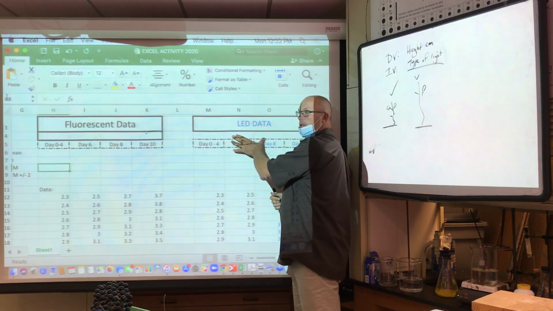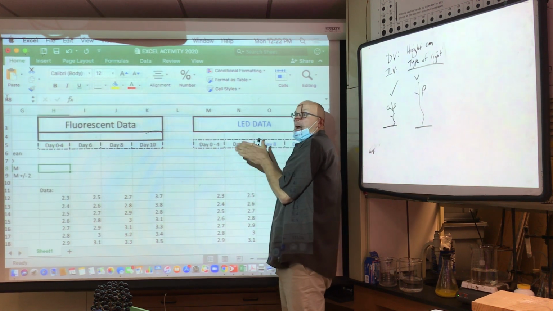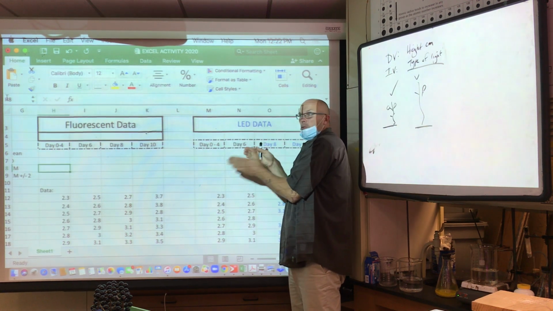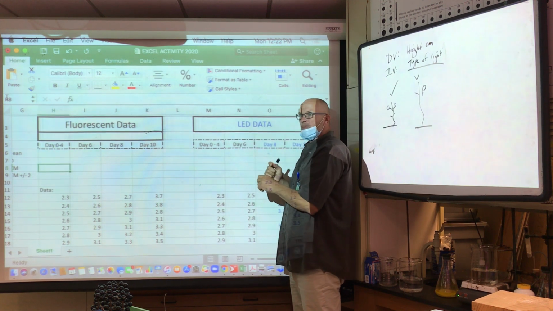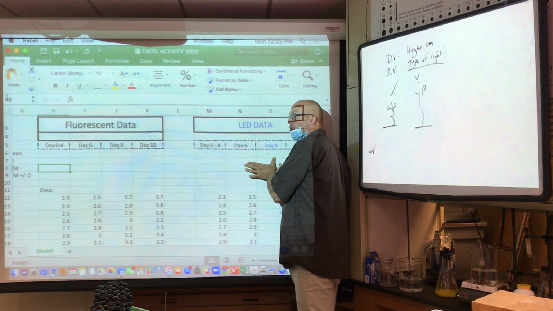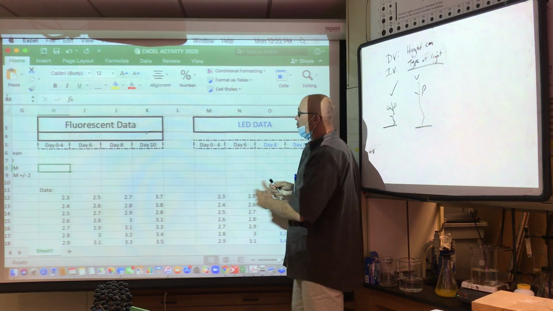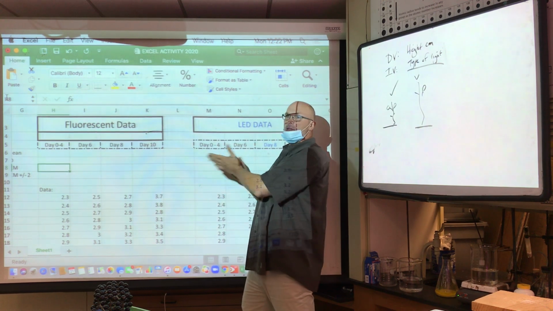This light here is completely red and blue, which is basically dialed in for exactly the light used in photosynthesis. Will it make a difference? Will this provide more of the light necessary for better growth and larger height? Or will they be the same? Will there be a significant difference?